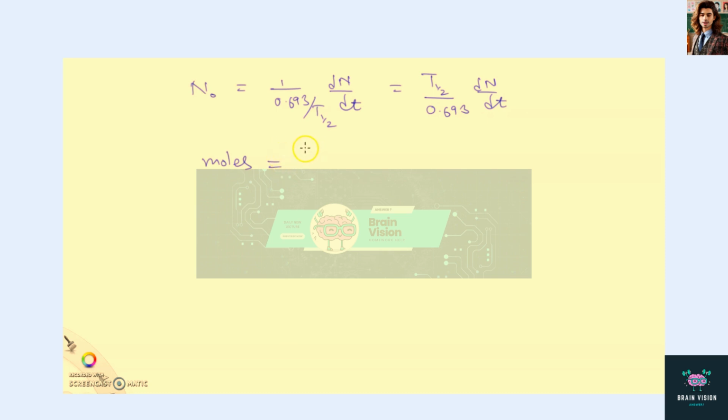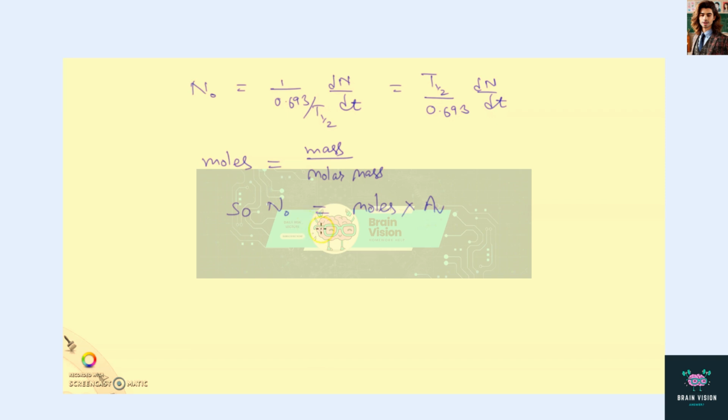Again, using the concept of moles, the number of moles of the radioactive sample will be given by the mass of the sample divided by its molar mass, which is clearly 131 gram as given here. So the number of atoms N naught will be moles times Avogadro number, because the number of atoms in 1 mole is equal to Avogadro number.